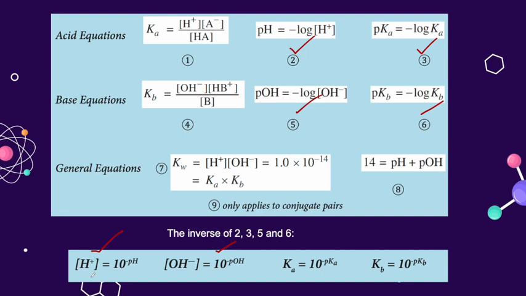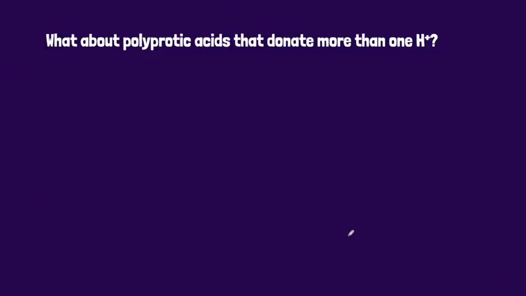So the concentration of hydrogen is 10 to the power negative pH. Because you guys are better at math than me, I'm expecting that you would know what this means. But the point is that it's very important to make a connection out of these.